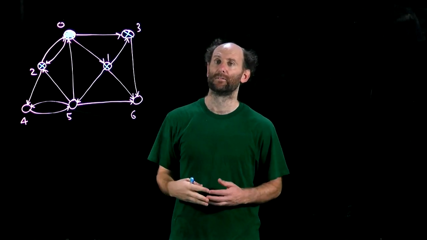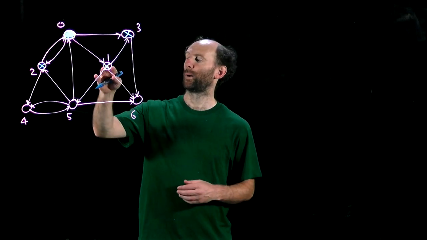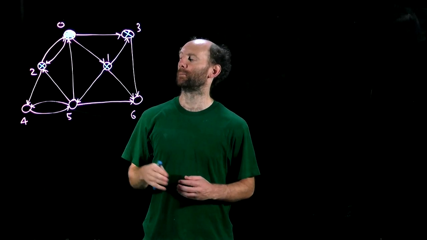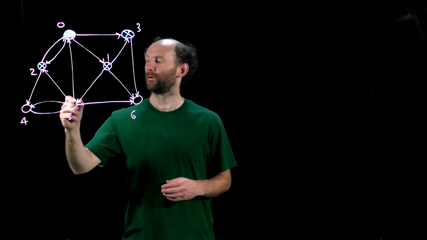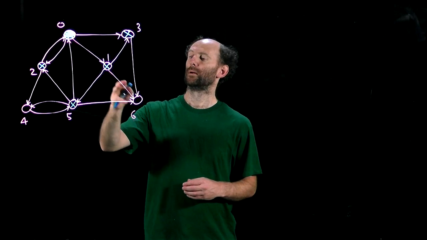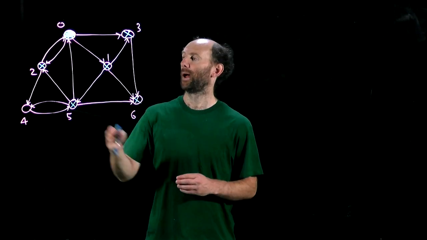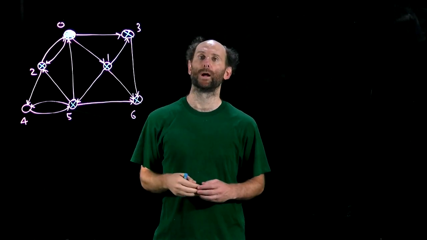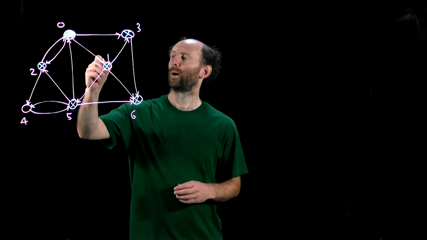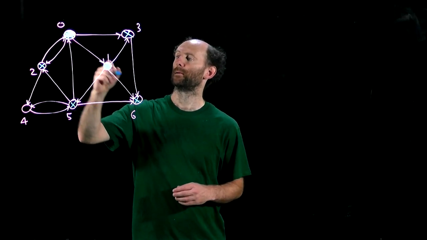We choose the next node, which has been grey for the longest length of time, that's 1, and we want to visit its out-neighbours. So we'll visit 5 first, back to 1, we'll visit 6, and now we've visited all the white out-neighbours of 1, so we'll colour that black.